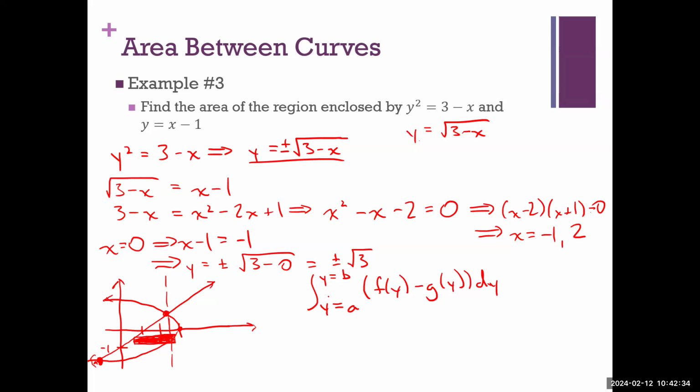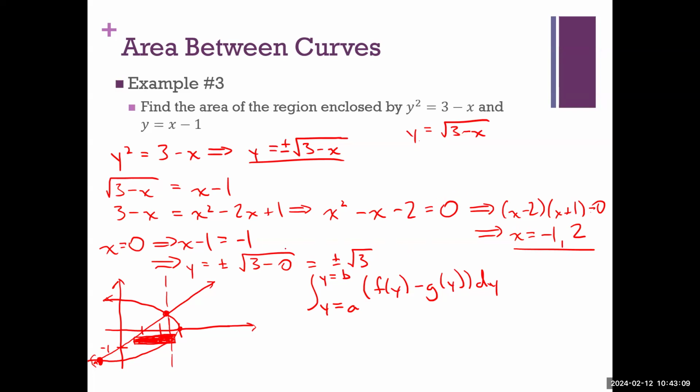Now let's talk about the bounds. The bounds are y values, right? So can I figure out what my bounds are going to be? Or have I already maybe done it? We found intersection points, but I found x values. I can plug those into the function and see what the y values are.